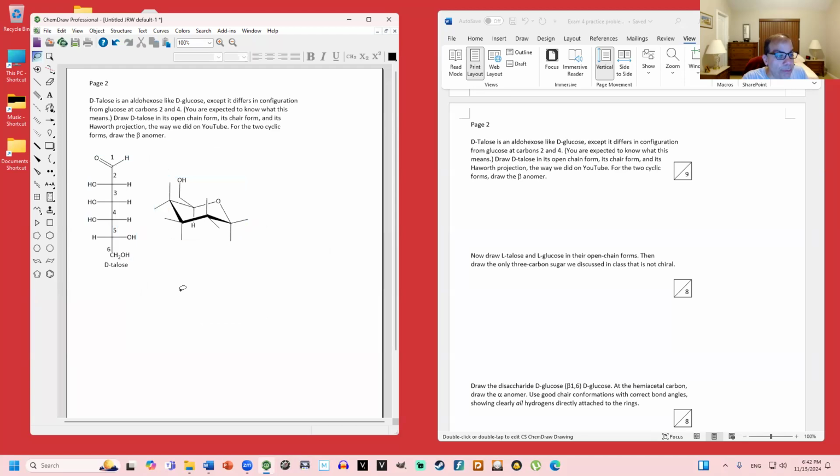We've learned that in glucose, except at carbon 1, where the direction the OH points depends on whether we have the alpha anomer or the beta anomer. So there's the numbering of the carbons. It says to draw the beta anomer, so that means the OH on carbon 1 will point up.